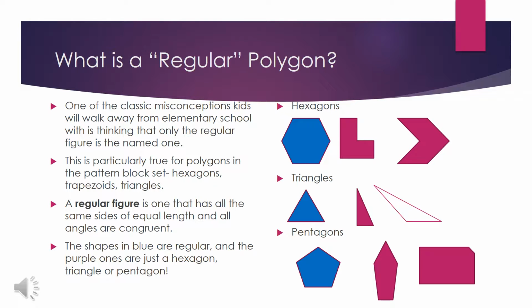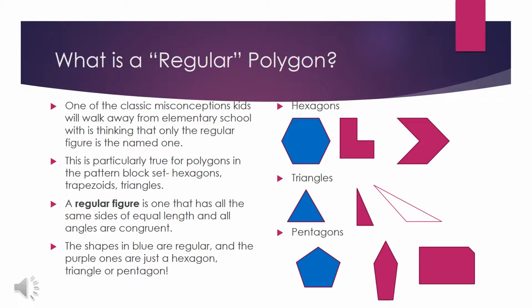The next issue to talk about is that a lot of times kids will see only examples of figures that are the regular figures, and regular has a specific definition in geometry. A regular figure is one where all the sides are the same length and the angles are the same size.